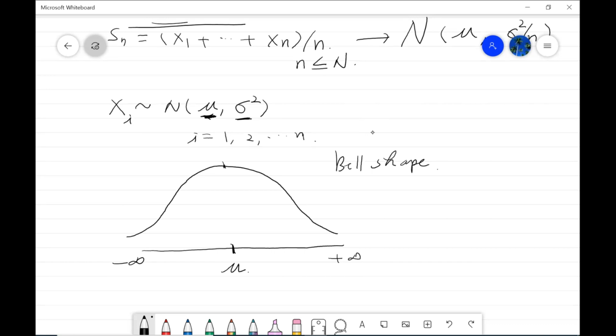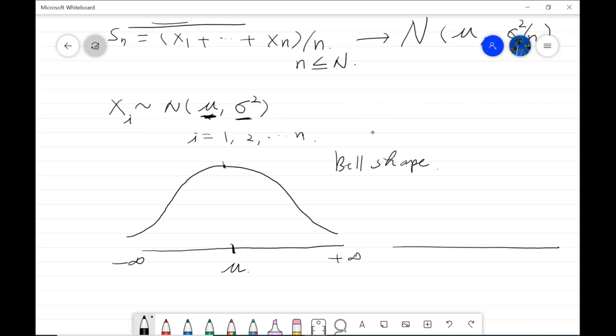For example, if you have a very small variance, the width of the normal distribution gets narrow.